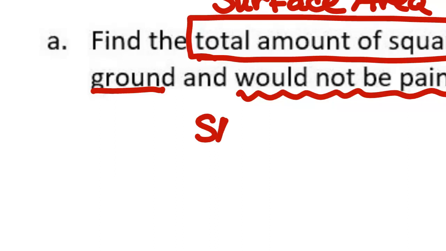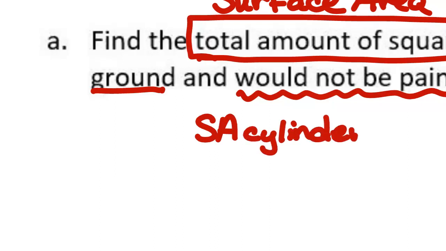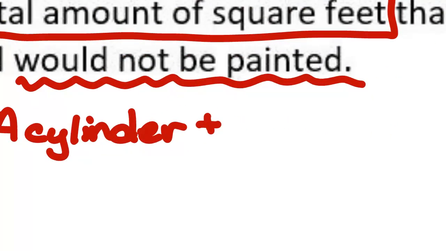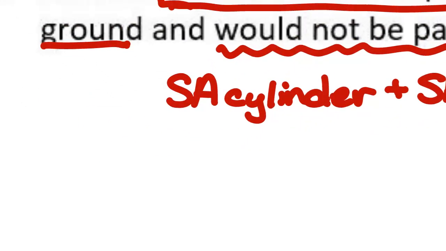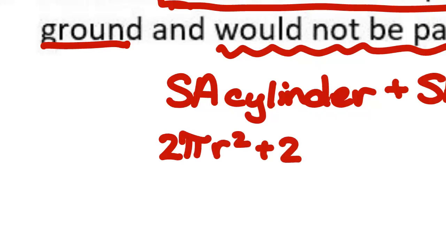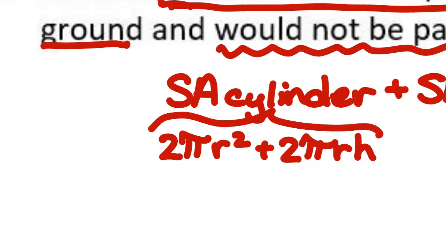So we need the surface area of the cylinder together with the surface area of the cone. Surface area of the cylinder, 2 pi r squared plus 2 pi r h. This 2 pi r squared here, that's my two bases.